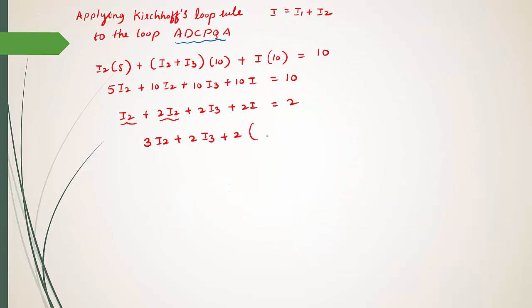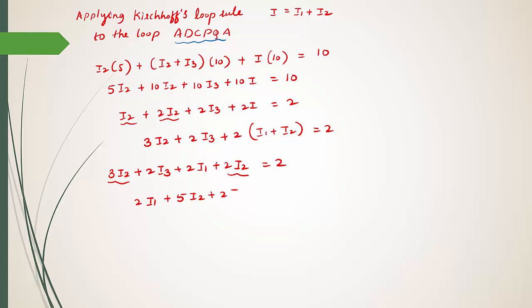Now let us substitute I1 plus I2 in place of I, is equal to 2. Keep as it is. So then we can modify this equation. 3I2 plus 2I3 plus 2I1 plus 2I2 is equal to 2. So 3I2 plus 2I2 will be how much? 5I2. 2I1 keep as it is. Let us write 2I1 plus 5I2 plus 2I3 is equal to 2.